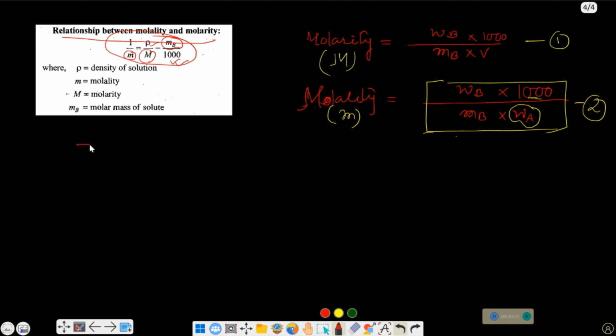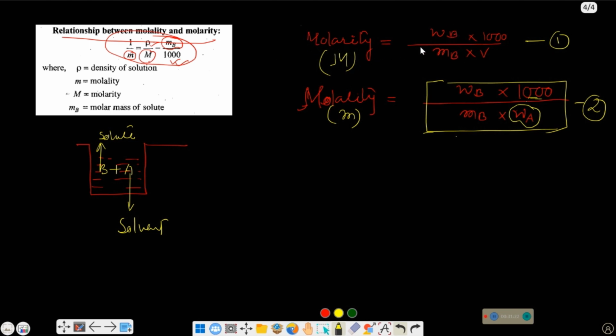Okay. So suppose this is our solution. Here we have solute plus solvent. Here B is the solute and A is the solvent. Okay, so this is our solution, right? For this let me write first the molarity equation.